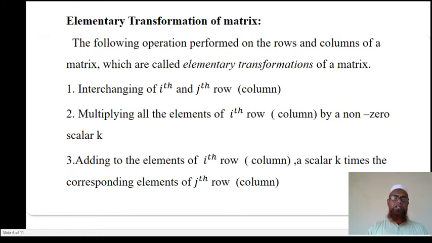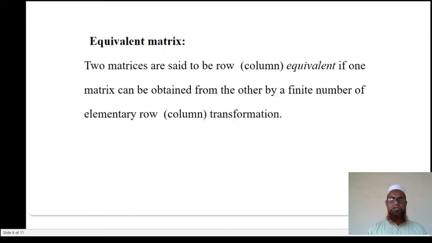So these three operations, on rows or columns, are called elementary transformations of a matrix, and they do not change its properties, such as rank. They are equivalent: if you apply any finite number of operations on a matrix, the matrix remains equivalent.